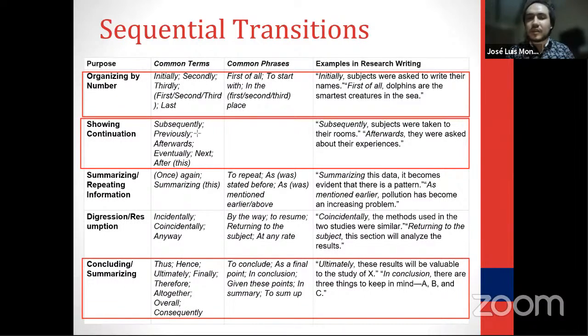You cannot say comma next. No, it's incorrect. You have to say period next or semicolon next. The same: period previously or semicolon previously. And of course, after that, a comma, like in the formula.